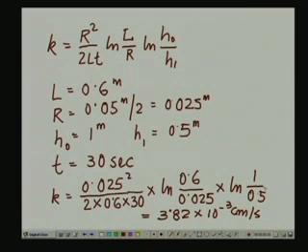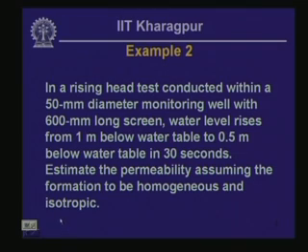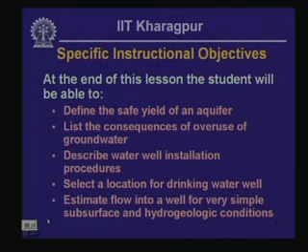Okay, so that is actually the answer in this case. It's a simple problem. And now we get back to the topic that we are going to discuss in today's lesson.